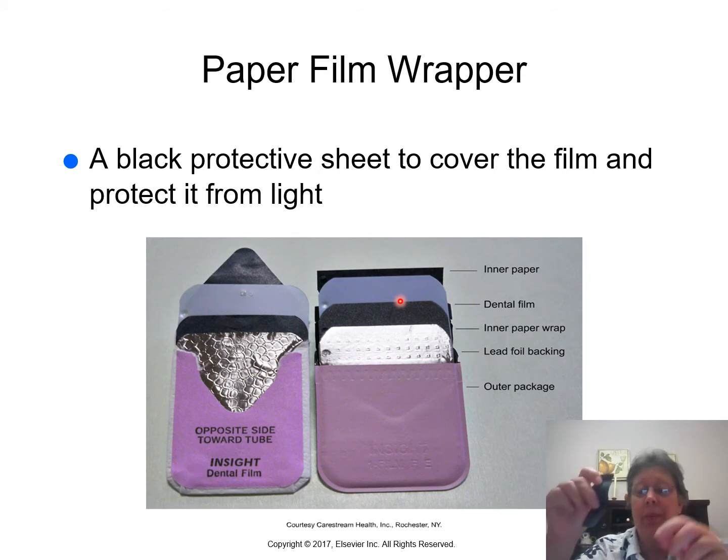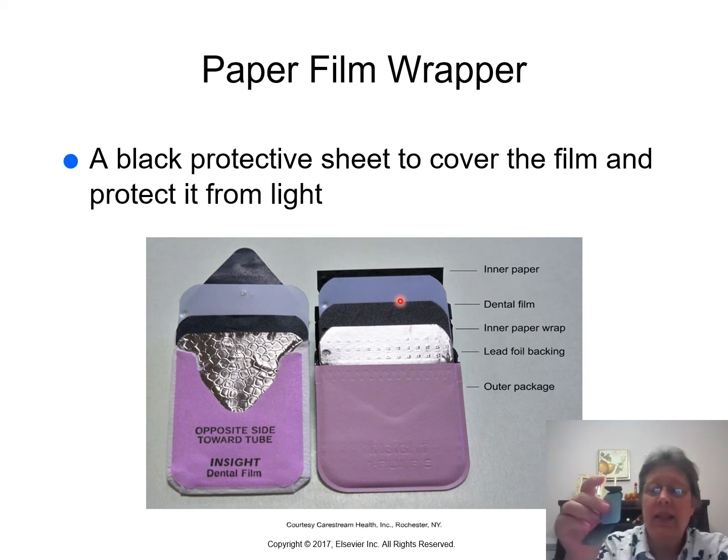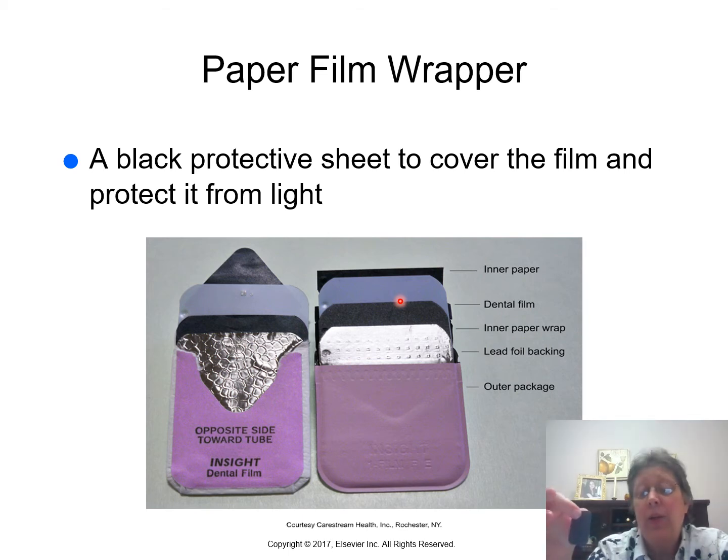This is our black paper wrapper, and you can see the film sits inside of it, and it completely encloses the film. So this protects the film also from light, because the emulsion on the film is very sensitive to white light. So if any white light gets on it, it will ruin the film, and we're not able to capture an image.